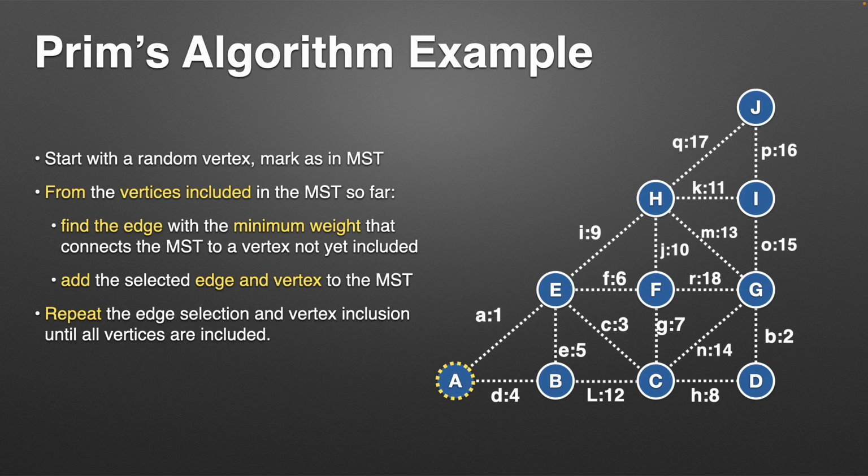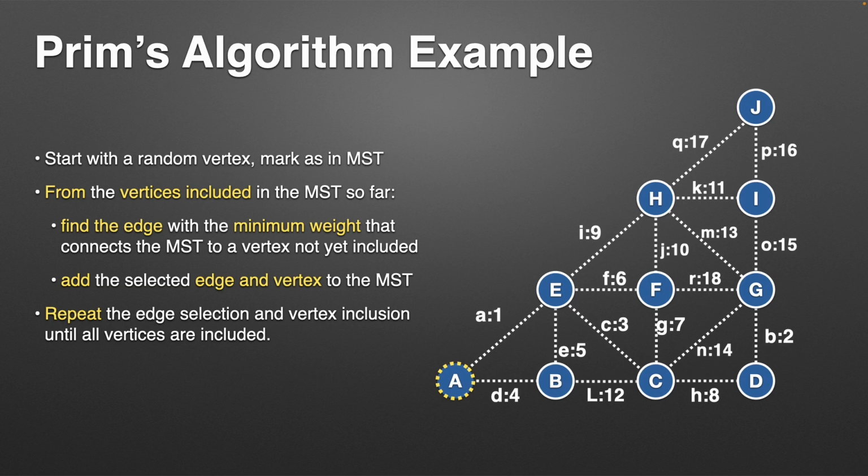The first thing we want to do now is look at all of the edges coming from the vertices that are part of our minimum spanning tree. In our case, we just have A as the vertex in our tree. And so we have two choices here. We have edge D, which is a weight of 4, and edge A, which is a weight of 1. Which of those edges would we choose?